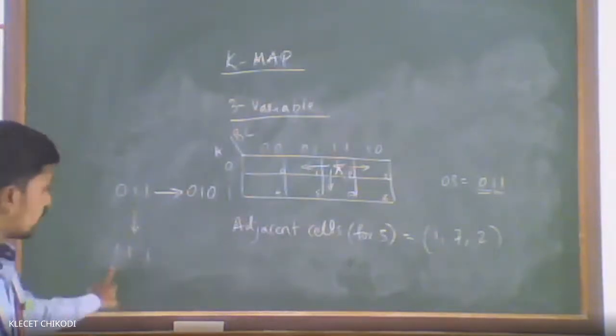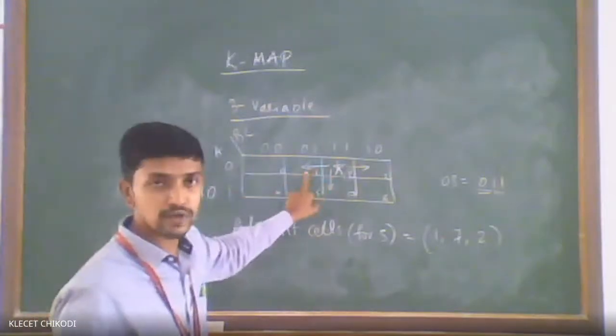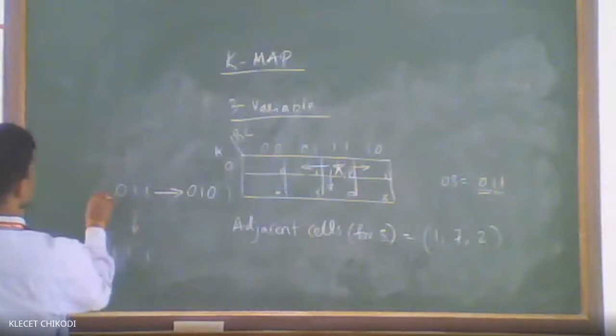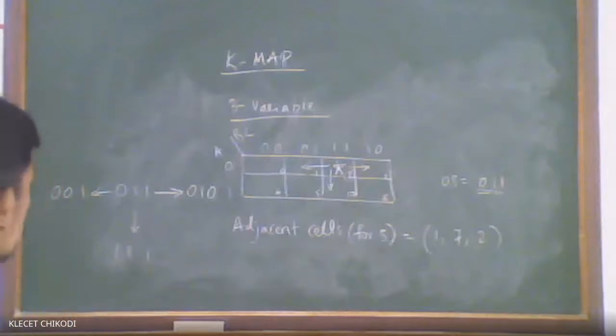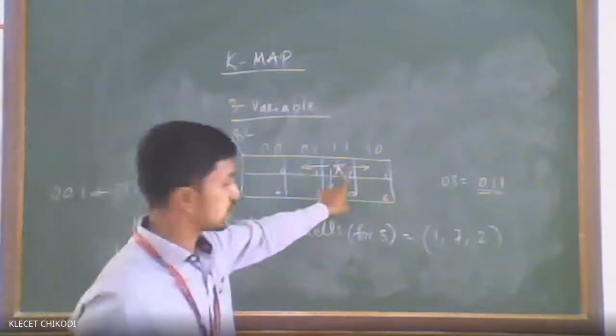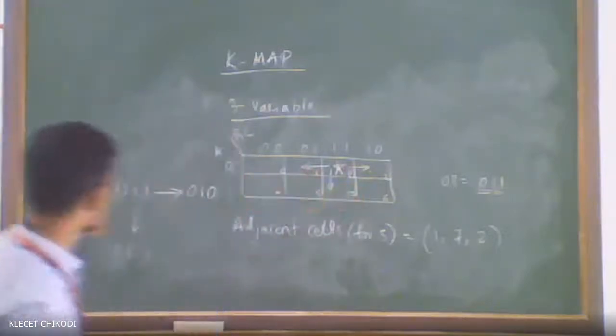After that, there is one more adjacent cell, the first one, represented by 0 0 1. Now for cell number 3, we have a total of 3 adjacent cells, and I have written them like this.